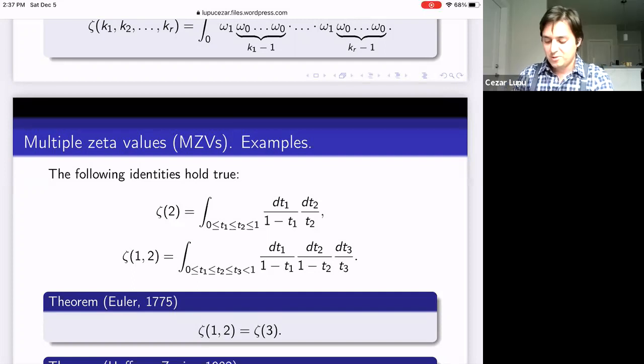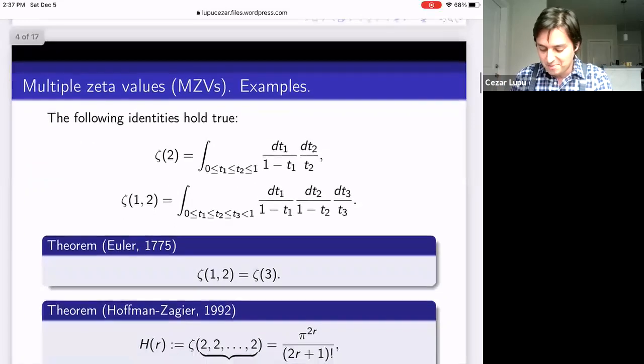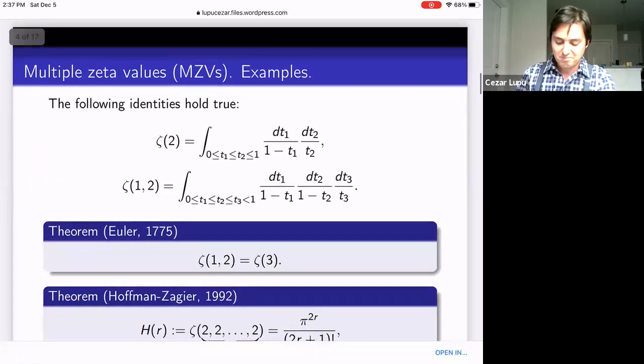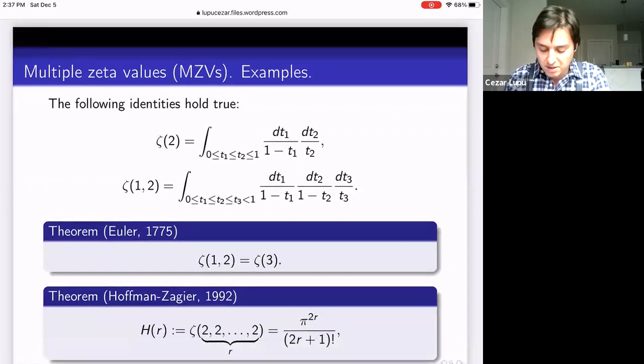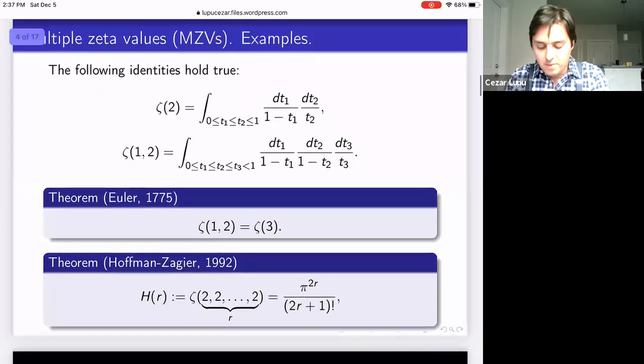And you will see that this will give birth to what we call multiple zeta values. Surprisingly, from Euler until the beginning of the 90s, nobody found anything, except independently Hoffman and Zagier in 1992. In fact, Hoffman didn't even call them multiple zeta values; he called them multiple harmonic sums.